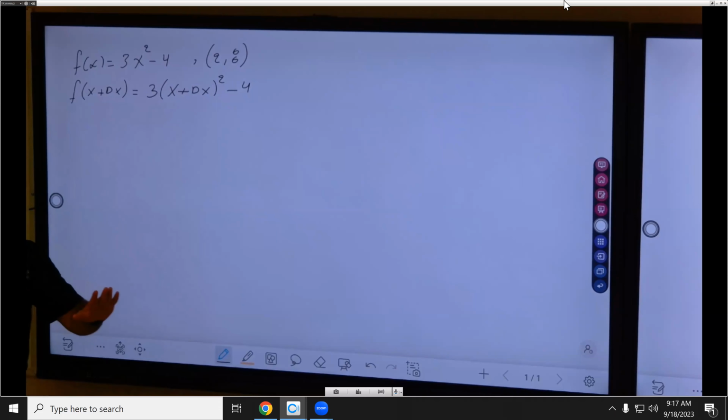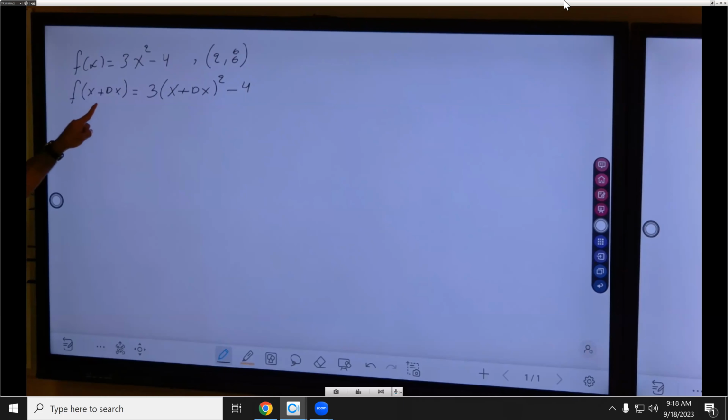You will see on the examples, they're going to tell you to use the limit process to find the tangent line. The limit process means we're going to use the rule on the board, okay? Now here's f of x, and here's f of x plus delta x. So I'm going to use the rule.